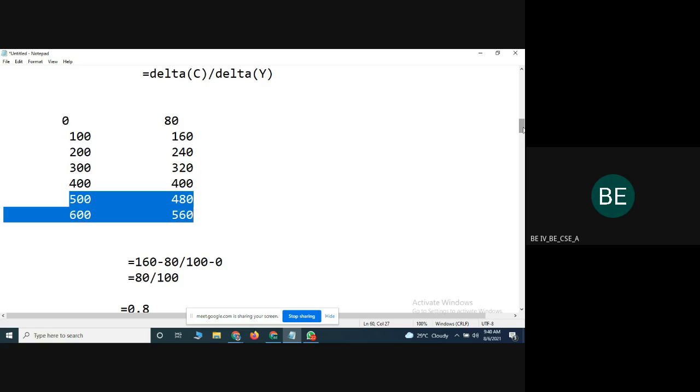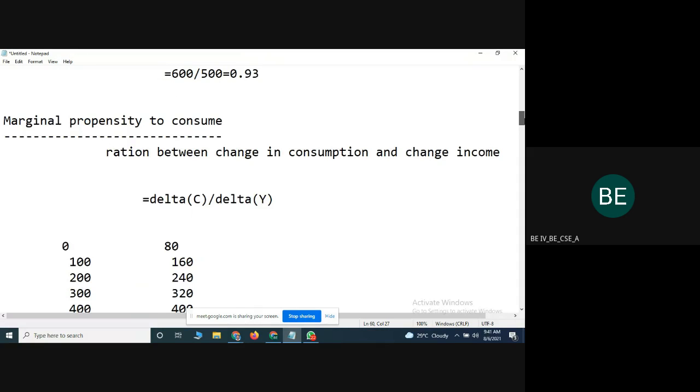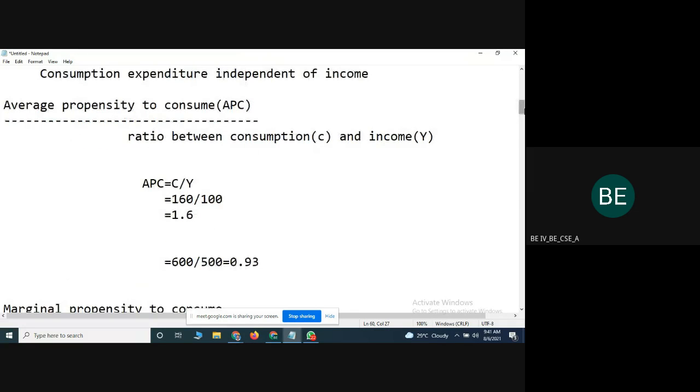But after a particular point of time, the increase in expenditure consumption is less than the person's income. After that, we saw what the average propensity to consume is, the ratio between consumption and income.